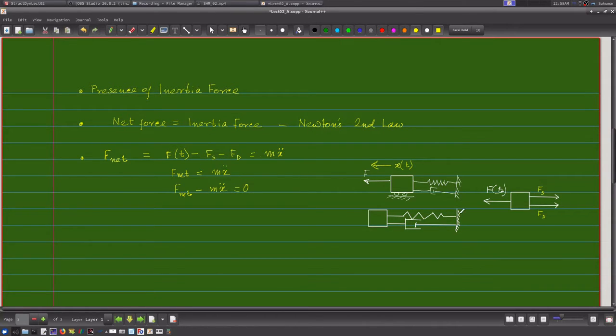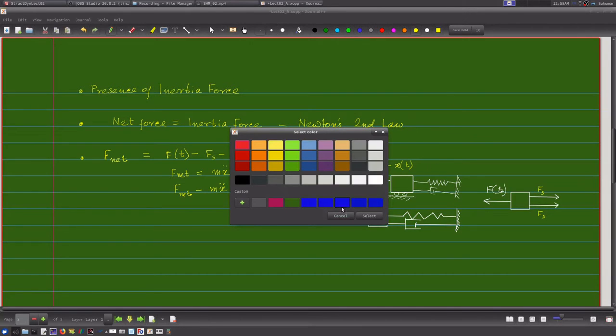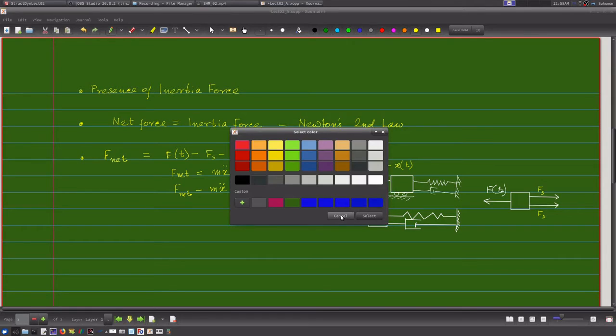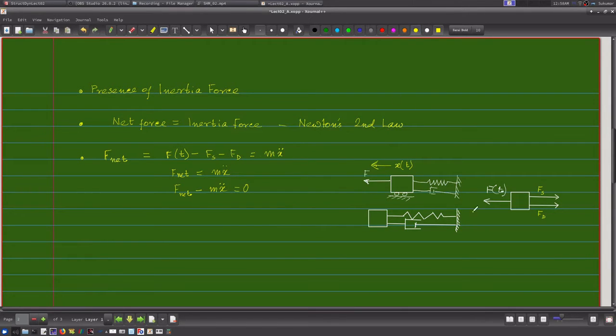And therefore, in addition to these 3 forces, Ft, Fs and Fd, the resultant of which is my net force, I will also have another force, which is my inertia force.